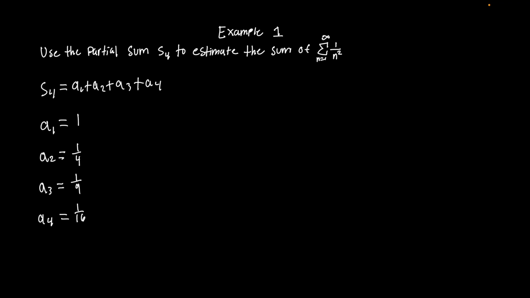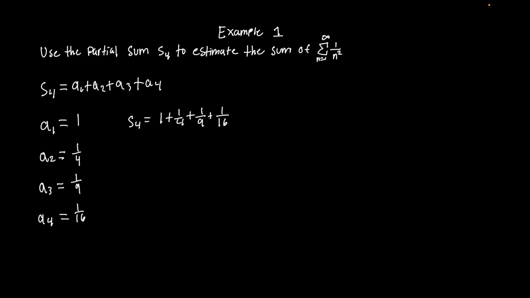So now we're going to add all 4 of these terms. So S sub 4 is equal to 1 plus 1/4 plus 1/9 plus 1/16. Now we're going to add all these. So I already added these up.